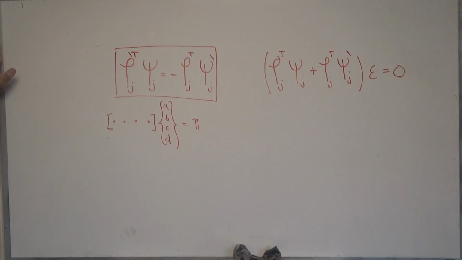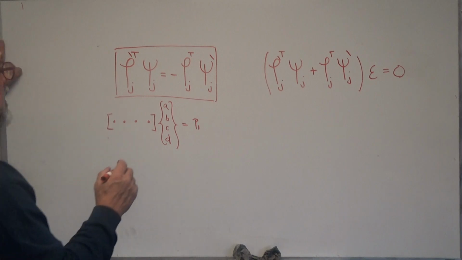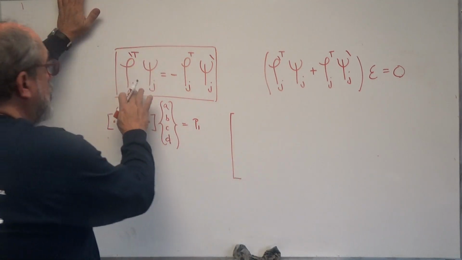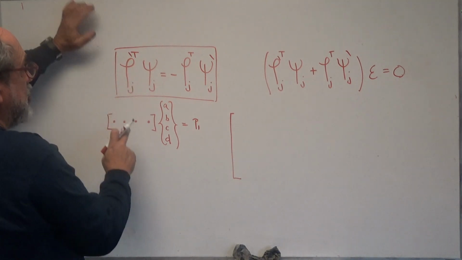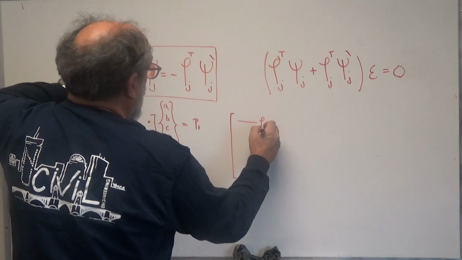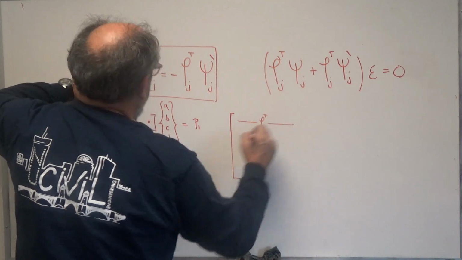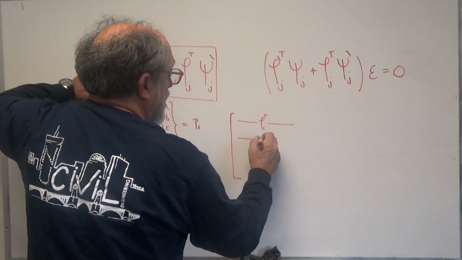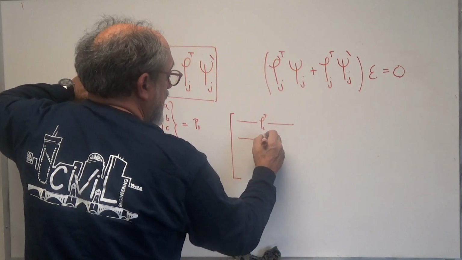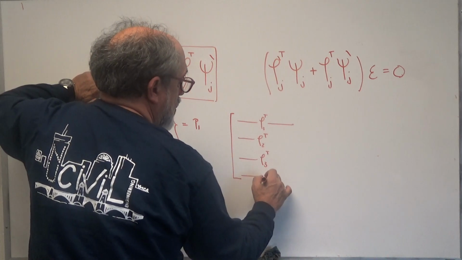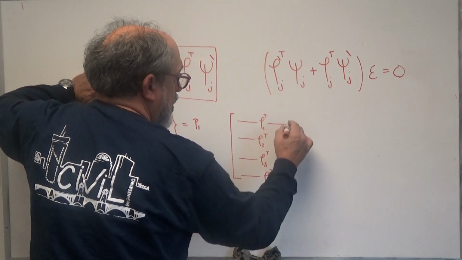Let me see, in class I did it differently, but let's say that we had, let me see if I can show it here quickly like this. Assume that I did this for the first eigenvector, so this would become the left 1 transpose. If I did it for the second one, this would be V2 transpose. If I did it for the third one and for the fourth one, I'm using just 4 to illustrate the point.